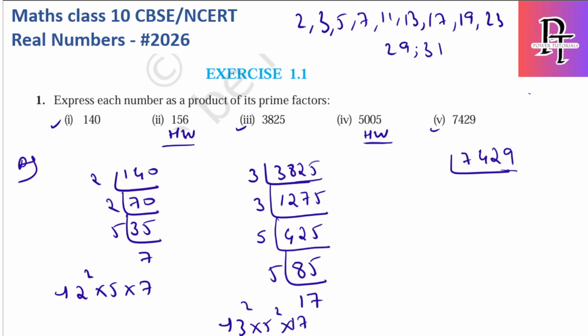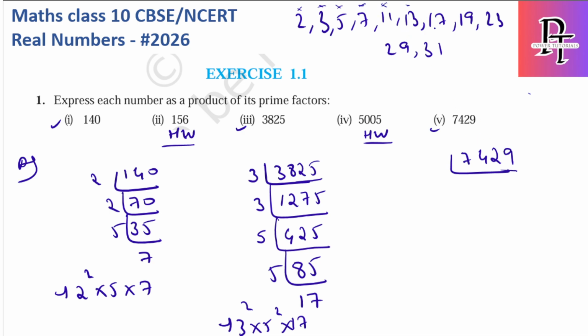Mostly within these you will get the answer. 2 is not possible, 3 is not possible, 5 is not possible. Let's check for 7. 7 1s are 7, then 42, 7 6s are 42. Yes, 7 is also not possible. 11 definitely will not be possible.